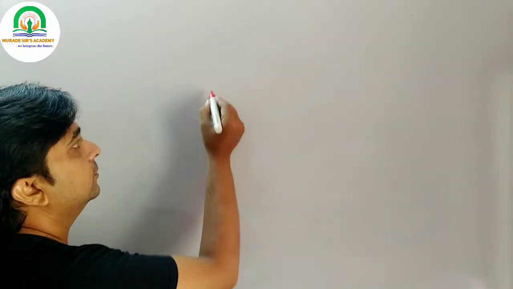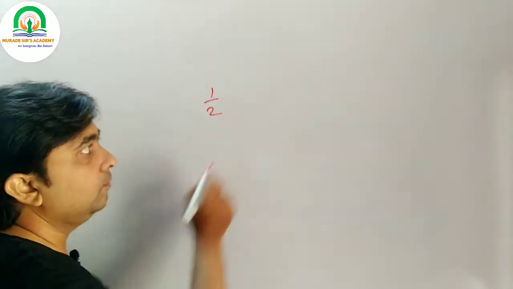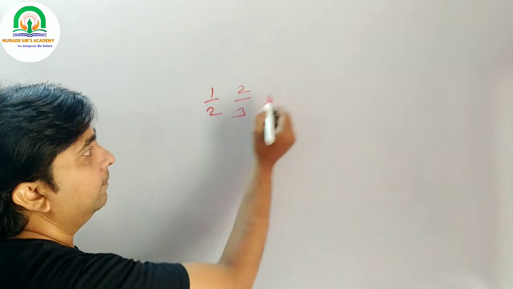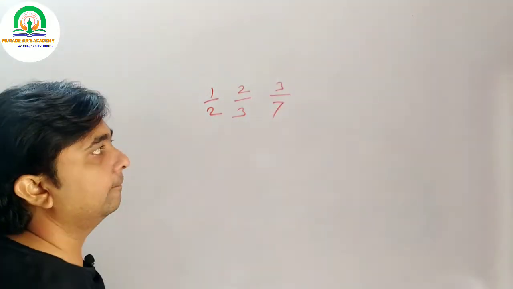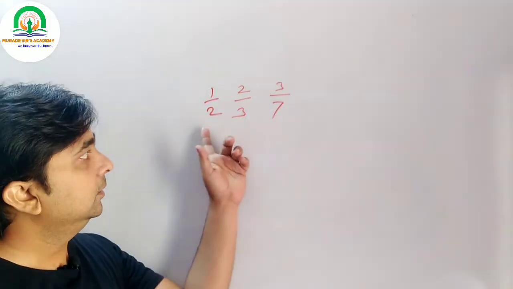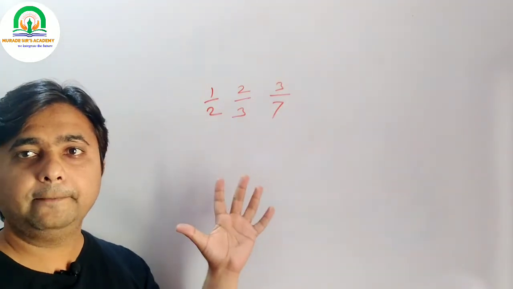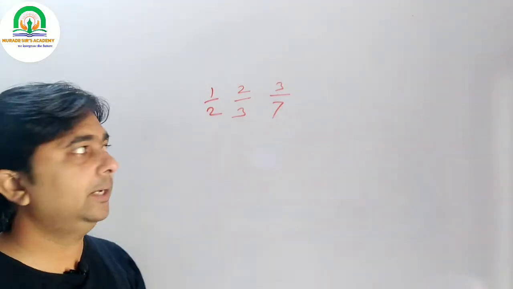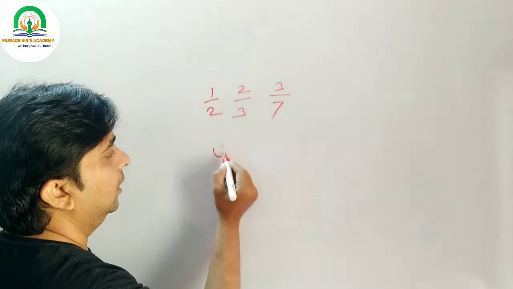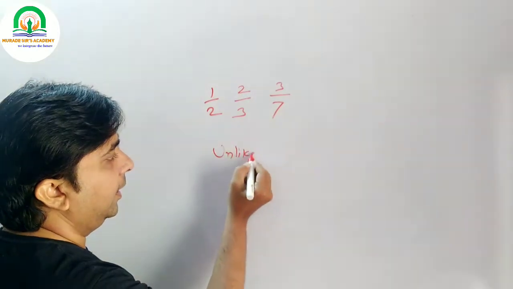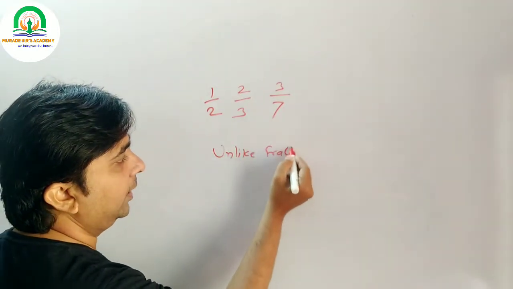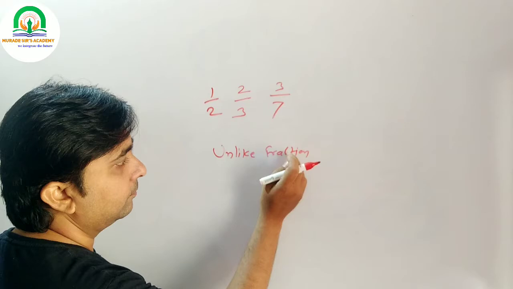Okay, same way, if the denominators are not the same, like 1/2, 2/3 or 3/7, all the denominators are not the same. That's why they are called unlike fractions. Why are they called unlike fractions?